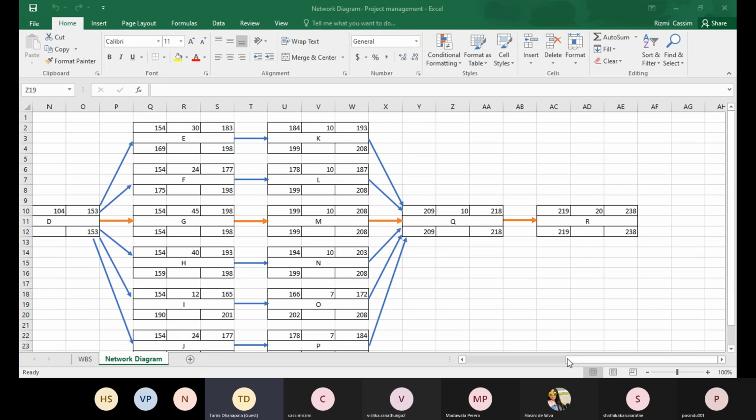In Shatika's, I saw they have mentioned some days as four days that we have taken 10. No, that's not what I was looking for. I think both have taken the same durations, to be honest.